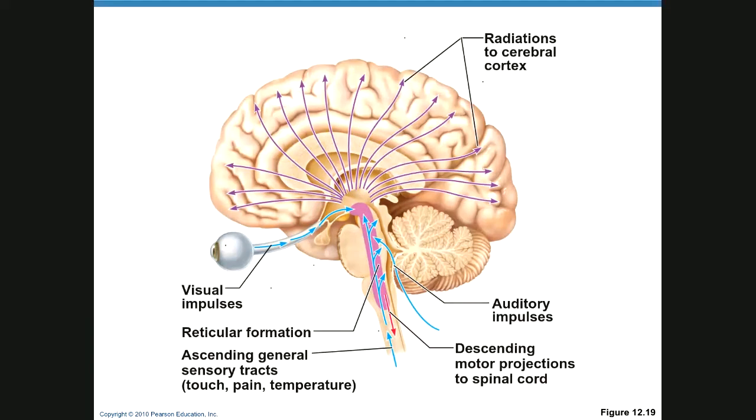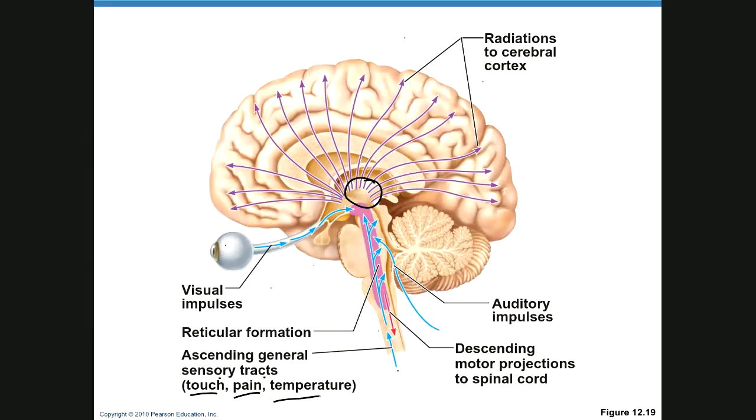Okay, so this in blue is the ascending general sensory tracts. This is information about touch, pain, temperature, just to mention a few, which is coming up towards the brainstem, towards the thalamus, which is the final relay station.